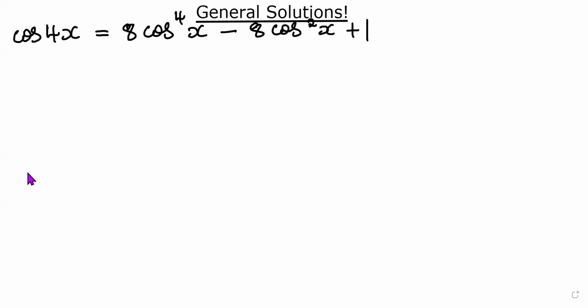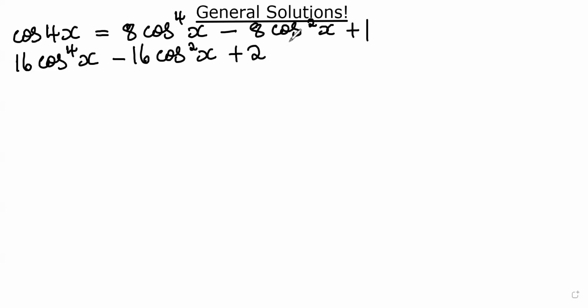Now the question is asking us to find the general solution of this one. They say it's 16 times cos to the fourth power of x, minus 16 times cos squared x, plus 2, and this is equal to 1, all right?